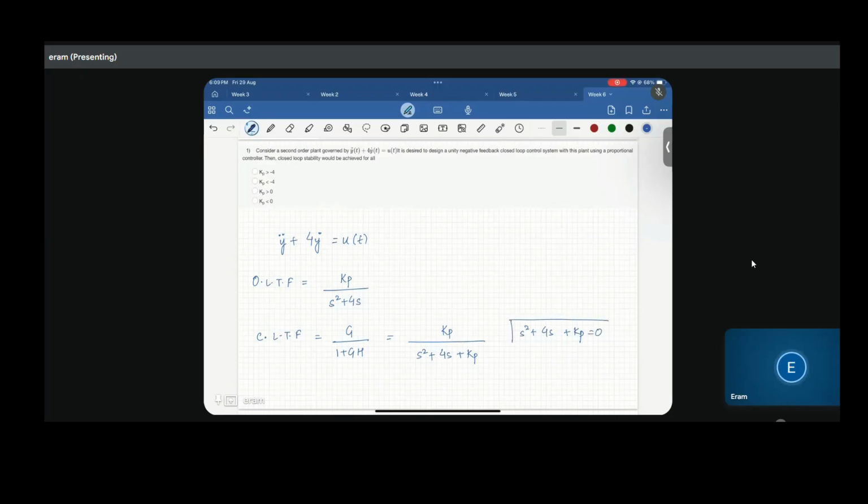And for this to have roots to lie on the LHP, all the coefficients should be non-zero and there should be no sign change. Therefore Kp should be greater than 0. Okay, so the correct option is option 3.